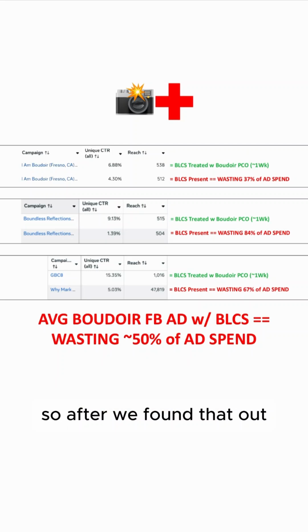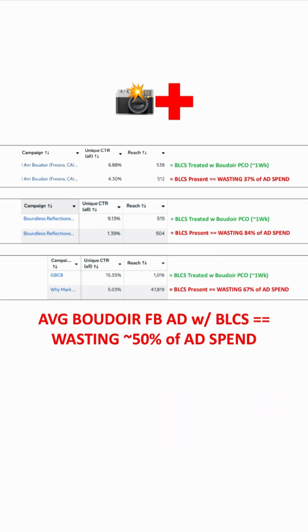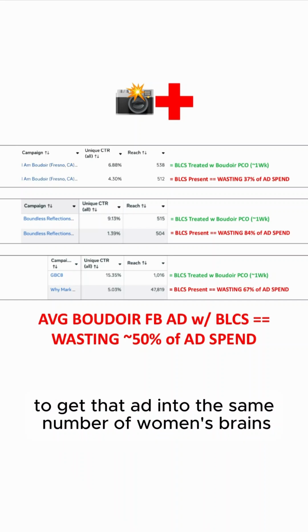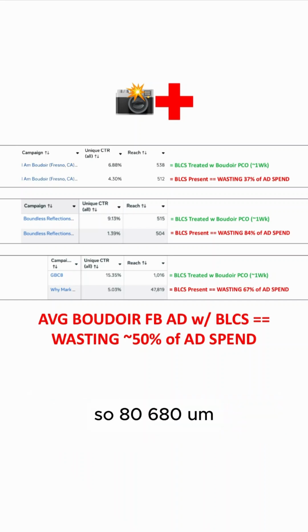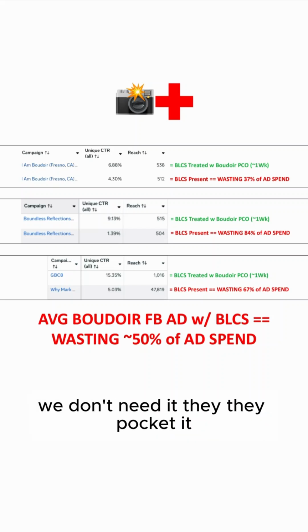So after we found that out, if they're spending 10 grand a month on Boudoir Facebook ads, they now only need to spend 1.6 grand a month on the Boudoir Pico treated ad to get that ad into the same number of women's brains. So 8,400 bucks a month to spend has vanished. We don't need it. They pocket it. They keep it.